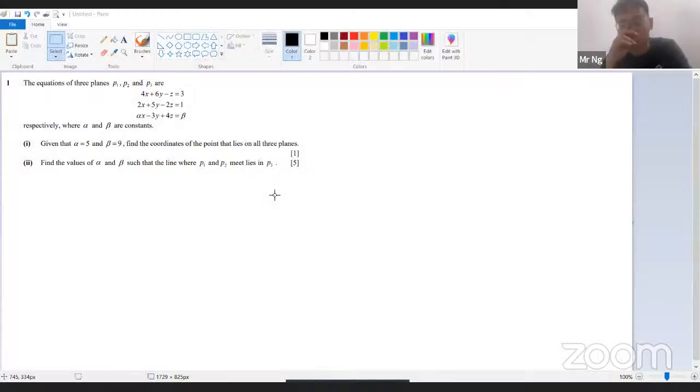Okay, so the first question looks pretty simple. It's just a linear system of equations. Oh no, it's vectors, but it's also a linear system. So when alpha and beta equal 5 and 9, find the coordinates. It's just 1 mark, so I'm just going to use my GC. This is going to be 9, this is going to be 5.